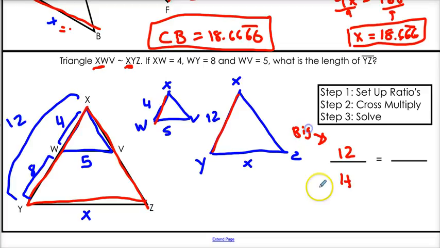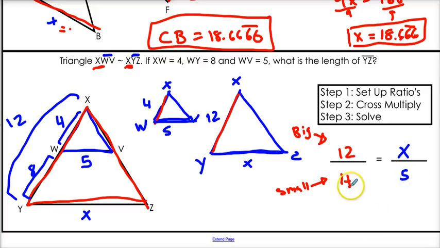I'm putting my big on top, that's a little note to yourself, and I'm putting the smaller triangle on the bottom. Then my next set of corresponding sides is YZ and WV. So the bigger triangle goes on top: X is from the bigger triangle, and the smaller triangle is 5.